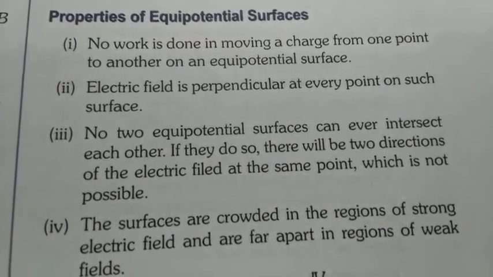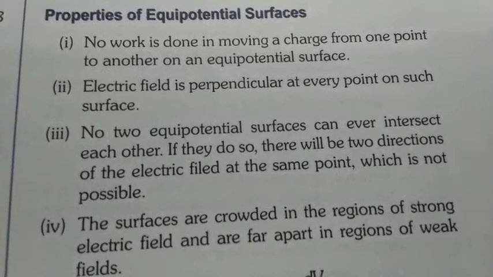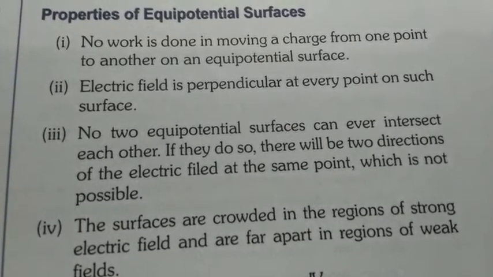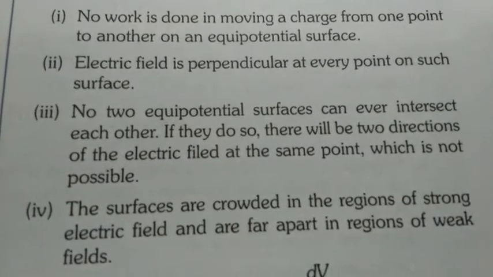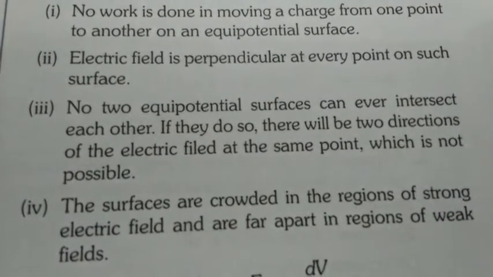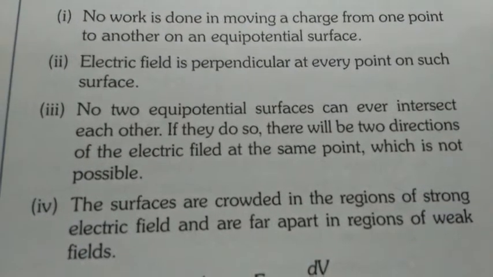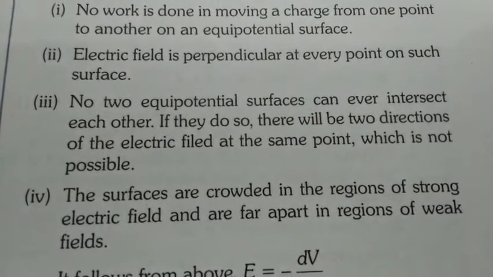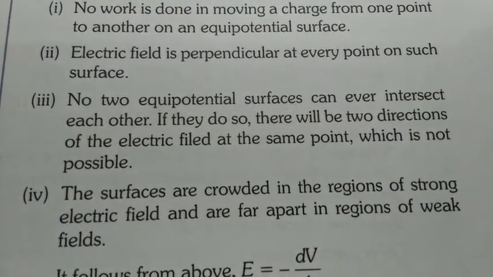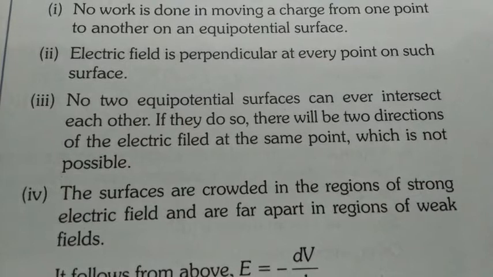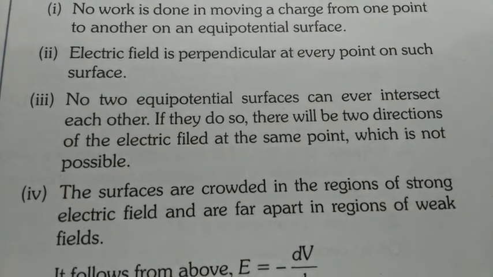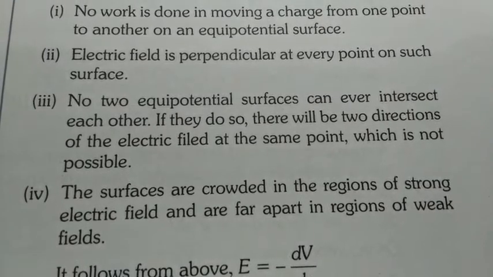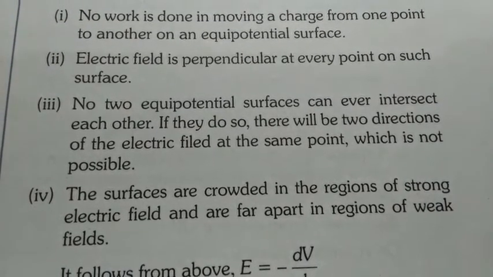The first one is, no work is done in moving a charge from one point to another on an equipotential surface. Second is, the electric field is perpendicular at every point on such a surface. Third point, no two equipotential surfaces can ever intersect each other. If they do so, there will be two directions of the electric field at the same point, which is not possible.